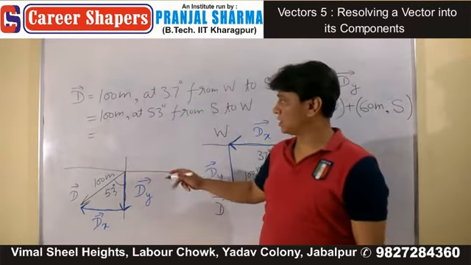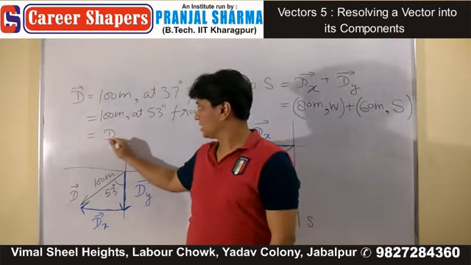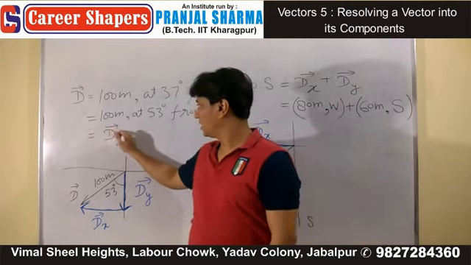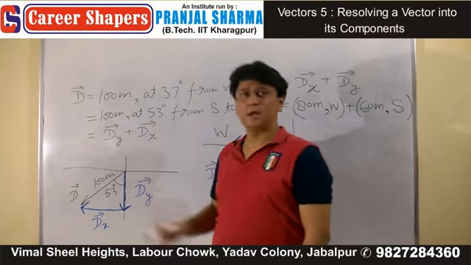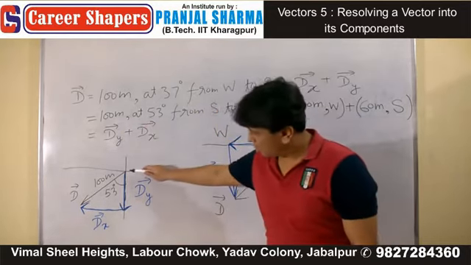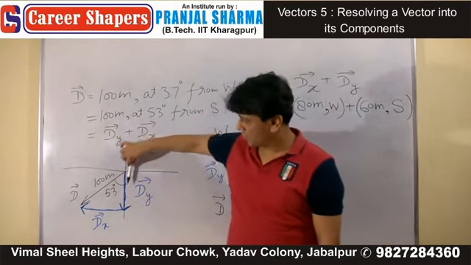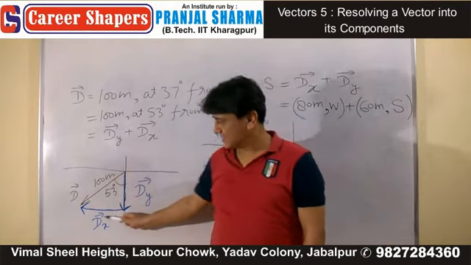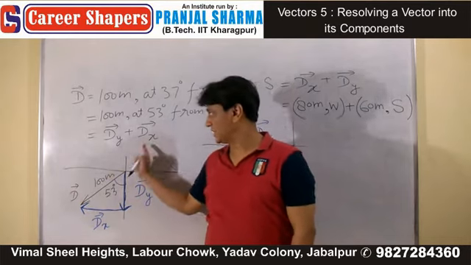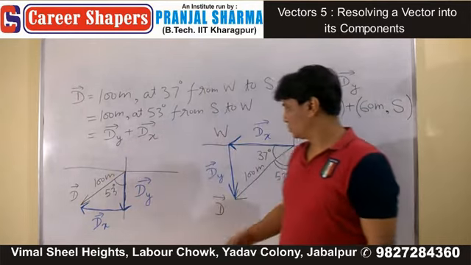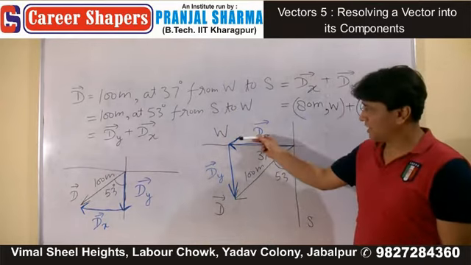This thing is what? dy plus dx. It doesn't change. On the head of y is the tail of x. This is dy plus dx, which is same as dx plus dy.